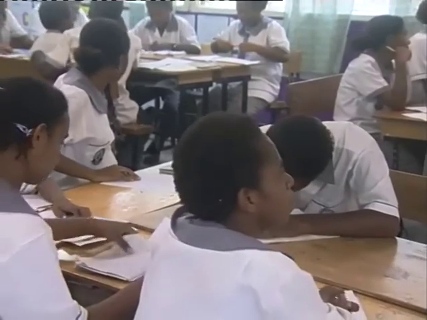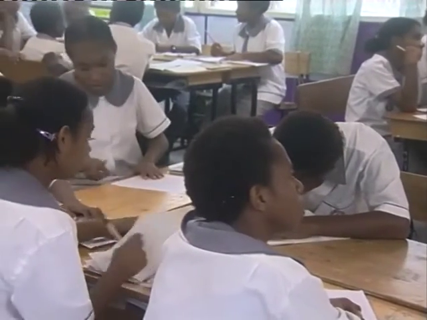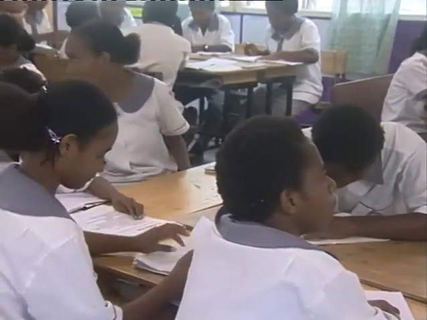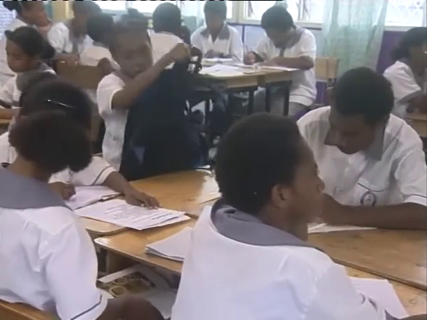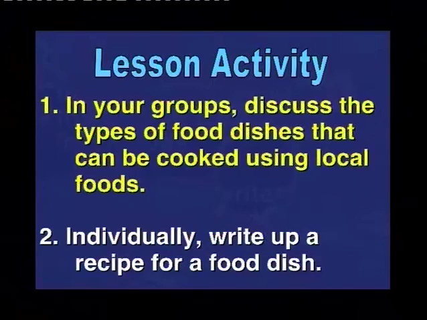You all know which food dishes you are writing your recipes on? Good. And are they all different? Okay, very good. So now you start working on your own recipe. What's your food dish? Good, nice. Don't forget that in your recipe you are to use local foods, okay?